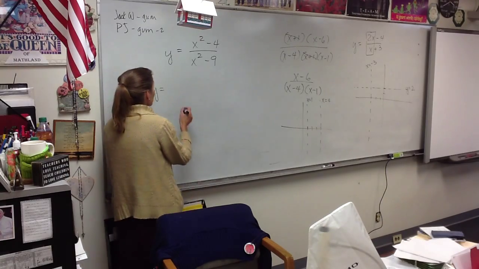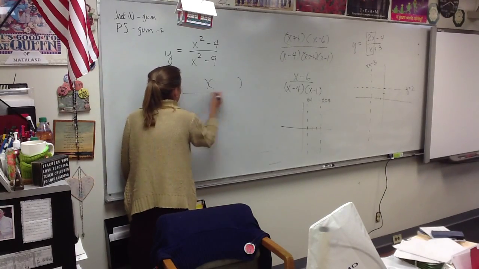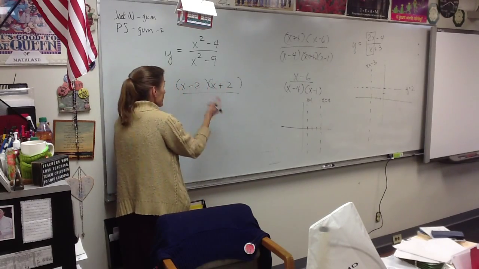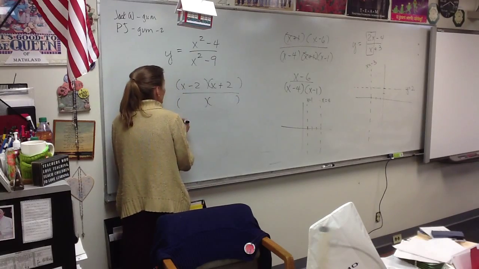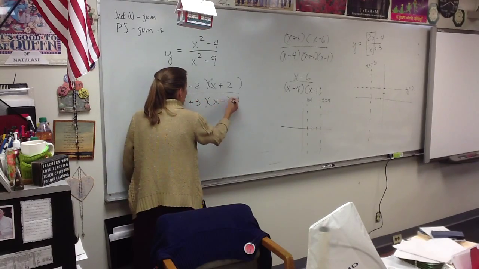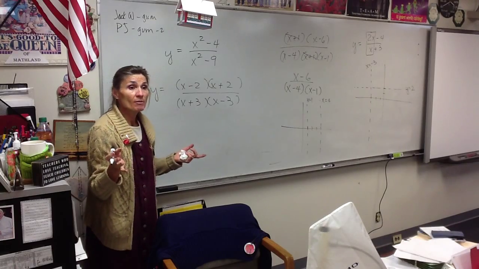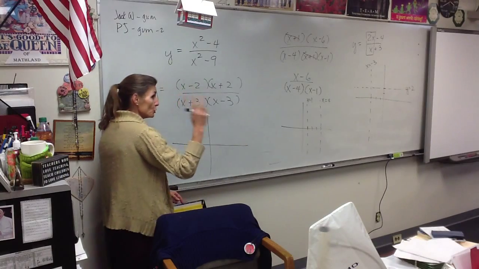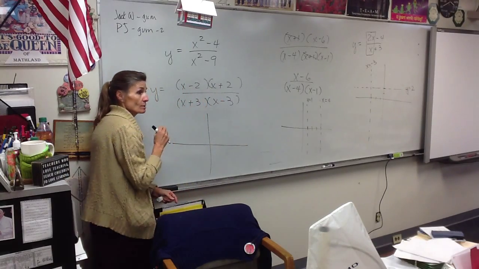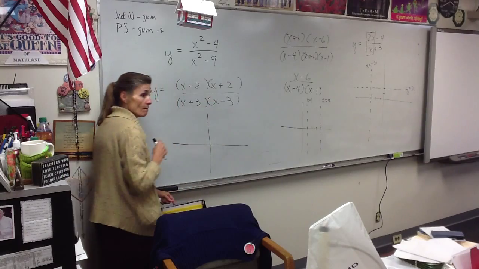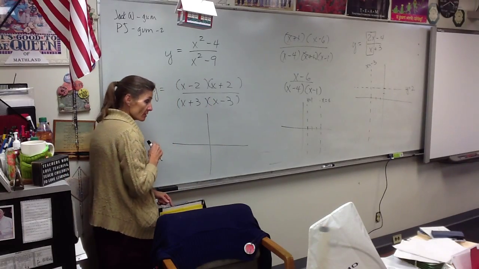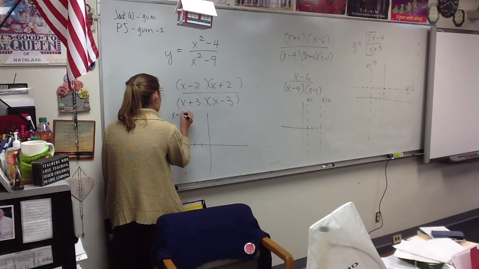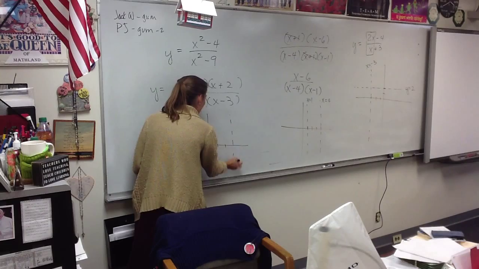So the top would factor as what? x minus 2, x plus 2, either order, doesn't matter. And the denominator is? Now, everything factored but nothing canceled, which means you're going to have 2 vertical asymptotes. Where do vertical asymptotes come from? The denominator. So we're going to have x equals -3 and x equals +3.